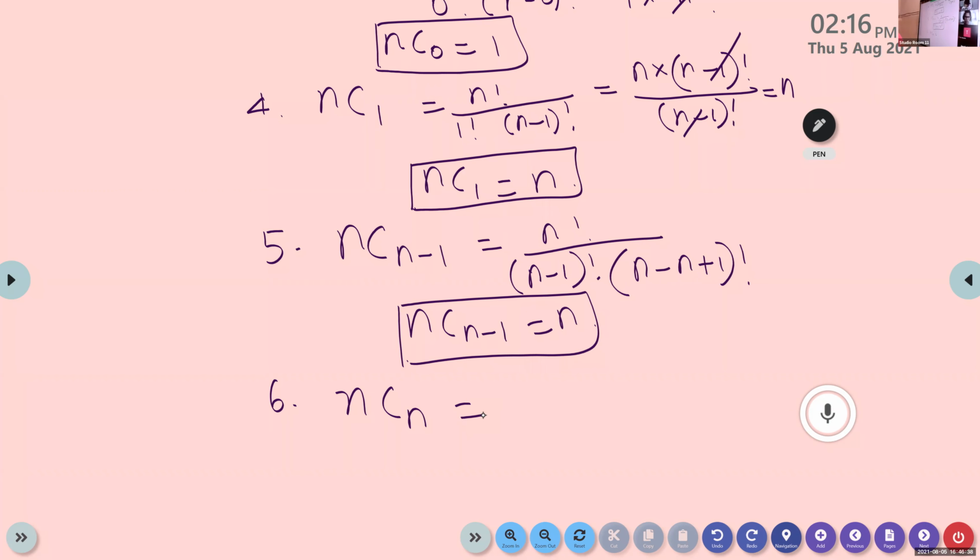So what is NCn? 1. Isn't it? n factorial by n factorial into n minus n factorial. So we get NCn is 1.